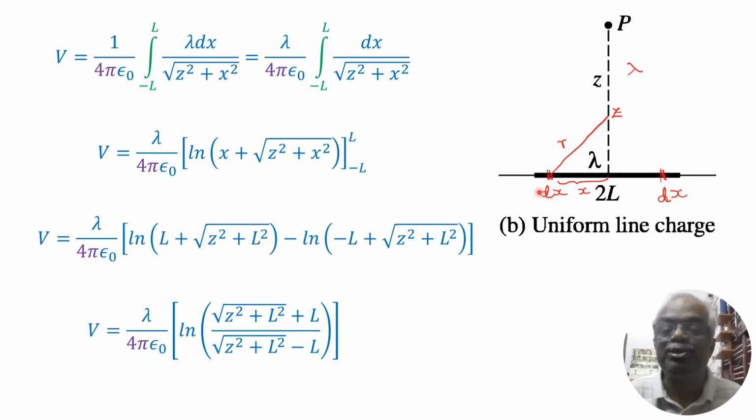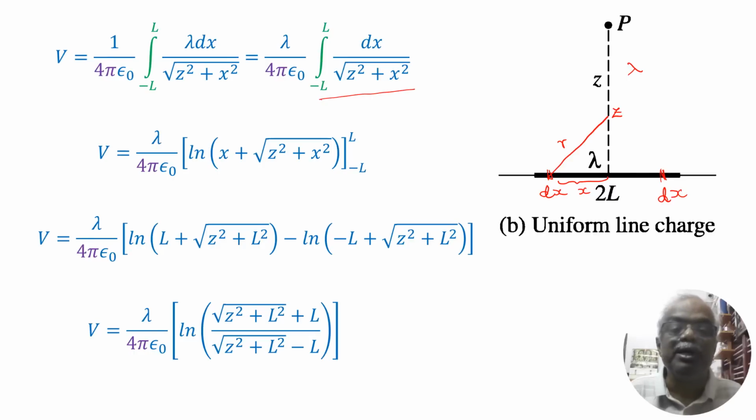Here r is the square root of x squared plus z squared. You take the lambda out because it's a constant, so you will get this. This is a very standard integration. You can easily prove it.